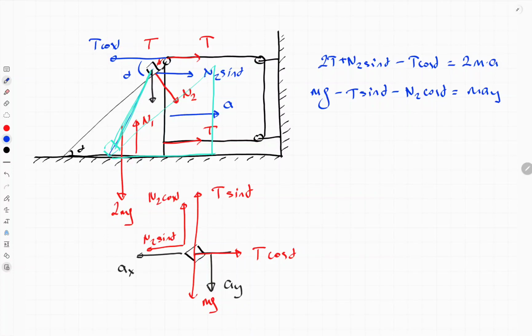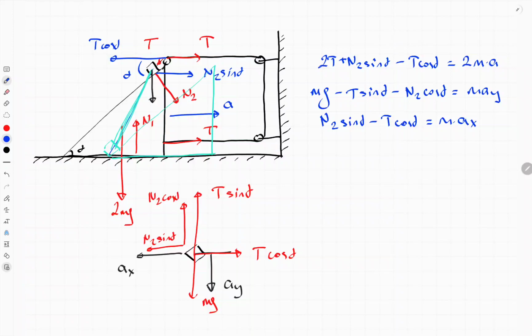Now let's apply Newton's second law in horizontal direction. We know that this object is moving to the left. It means this force is greater than this force. That's why it's moving to the left. So resultant force in horizontal direction, N2 sine alpha minus T times cosine alpha equals m times acceleration in horizontal direction.